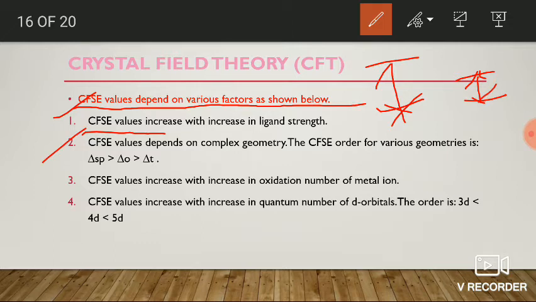Next, CFSE value generally depends on the geometry. The geometries are mainly tetrahedral, octahedral and square planar.